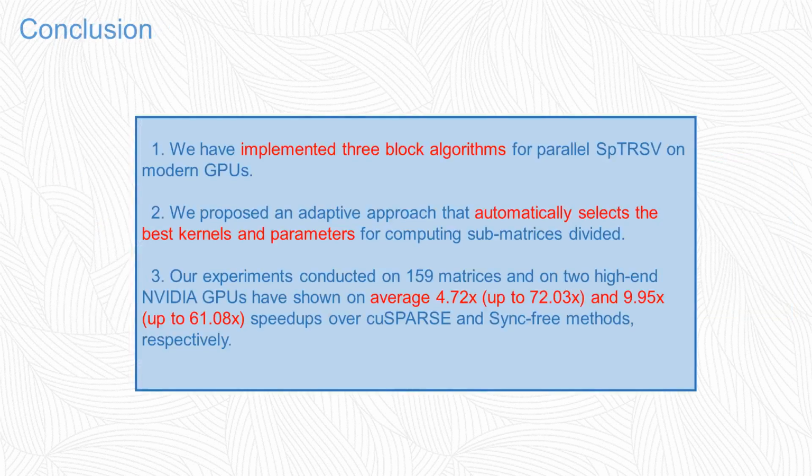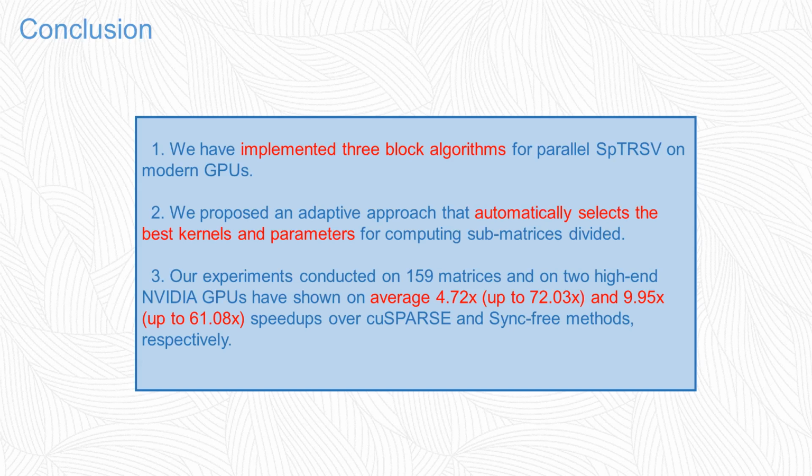This is the conclusion of our work. 1. We have implemented a recursive block algorithm for parallel SpTRSV on modern GPUs. 2. We propose an adaptive approach that automatically selects the best kernels and parameters for computing the divided submatrices. 3.